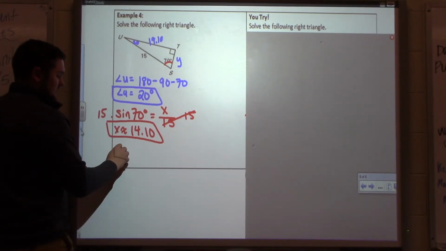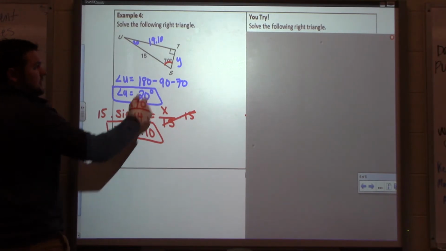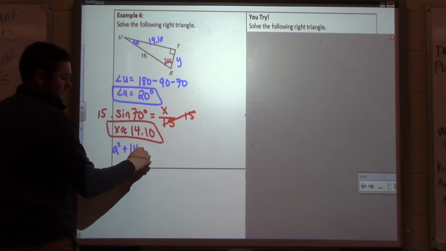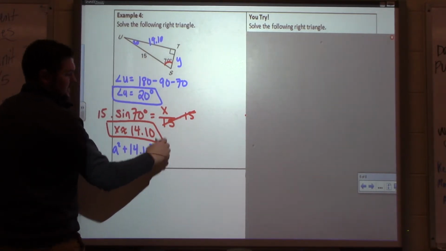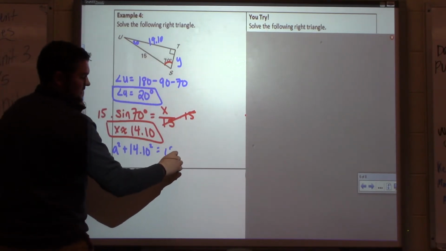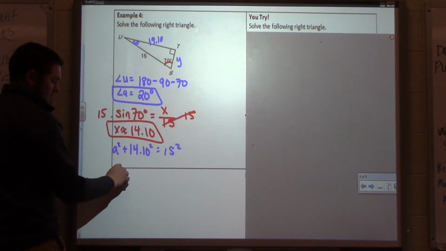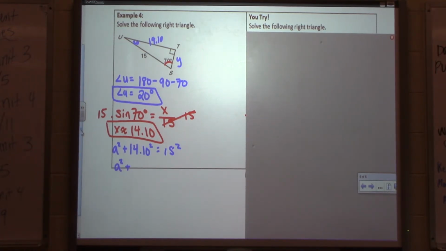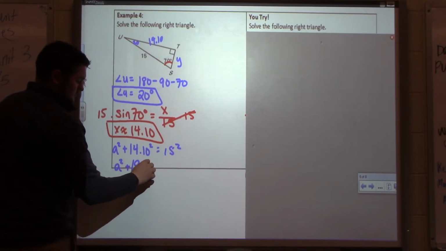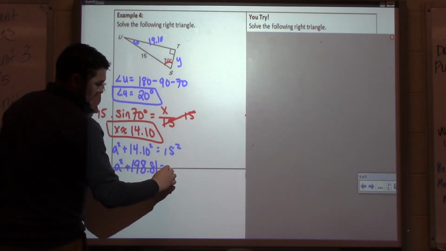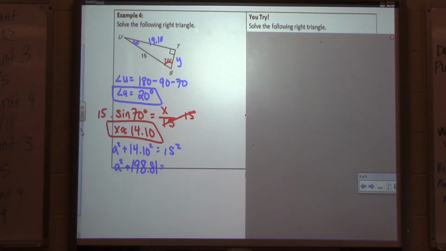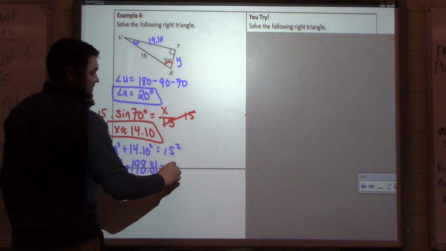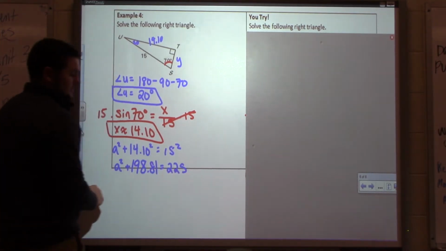Right? So a squared plus b squared, which I'm going to let be 14.10, equals the hypotenuse squared, 15 squared. A squared plus, what's 14.1 squared? 198.81. Equals 15 squared, which is 225.